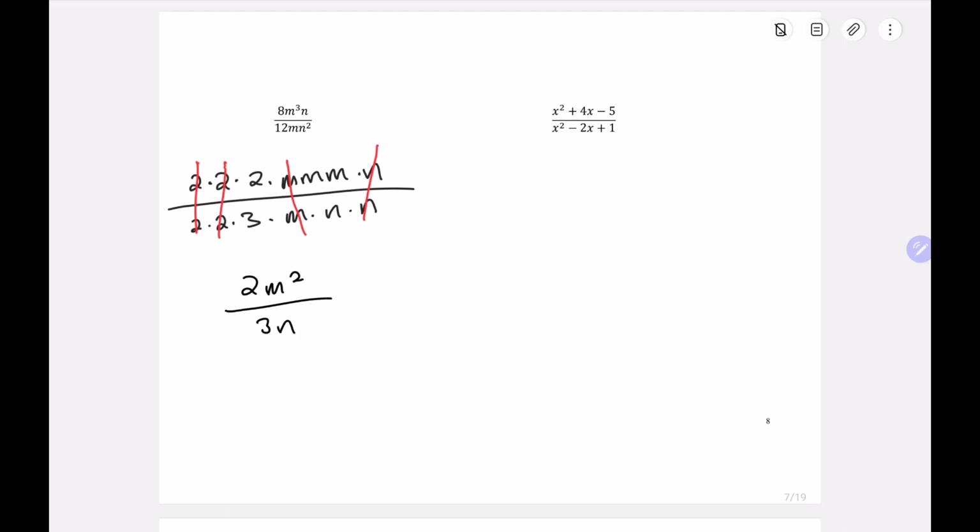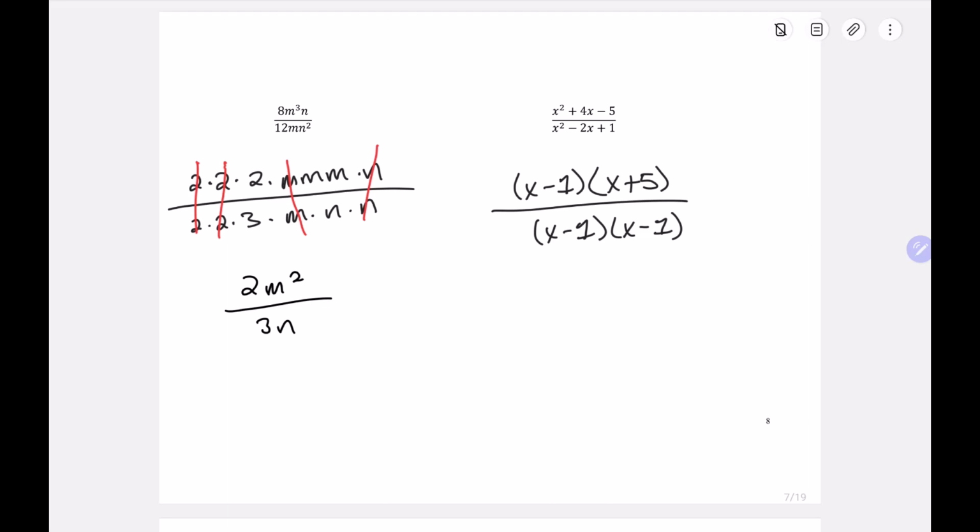In the next one, we're given x squared plus 4x minus 5 all over x squared minus 2x plus 1. If we were to factor, we can see that we have an x squared plus bx plus c, and we can go straight to the form, and we can get an x minus 1 and an x plus 5 all over x minus 1, x minus 1.